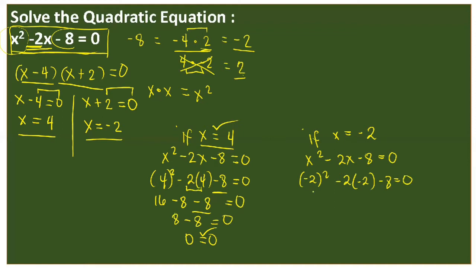Negative 2 squared is 4. Then negative 2 times negative 2 is positive 4. Then minus 8 is equal to 0. Next, 4 plus 4 is 8. Minus 8 is equal to 0. And then 0 is equal to 0. So it is equal. Therefore, the value of x, which is negative 2, is correct.